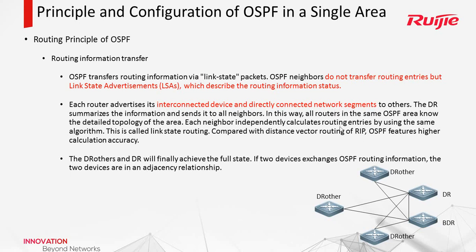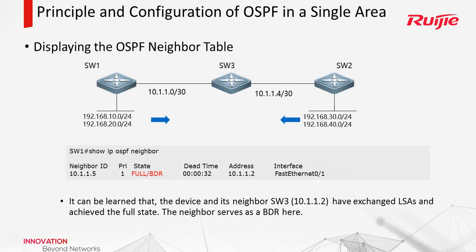The other devices receive these LSAs, read them, calculate their paths, and then generate their routing tables. After you configure OSPF, don't forget to use show ip ospf neighbor. If the state is full, it means they have finished the neighbor establishment.